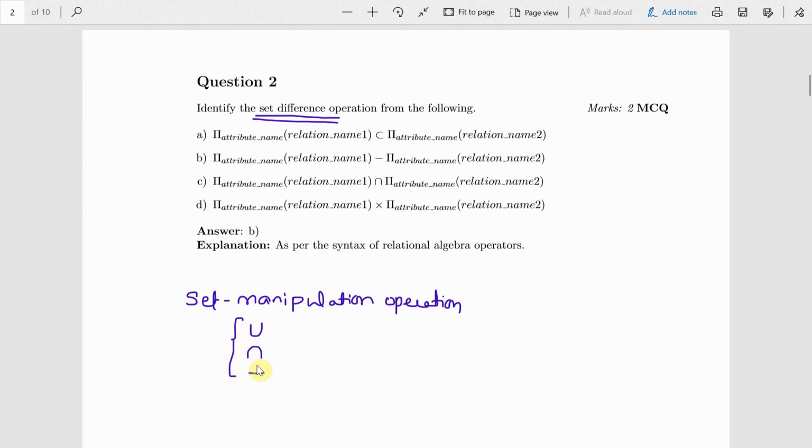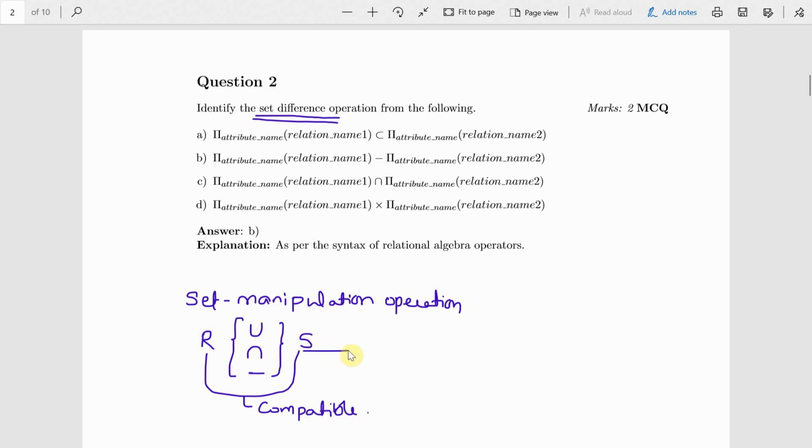This union, intersection, and set difference are to be used between two relation instances, say R and S, if and only if the two relation instances are compatible.